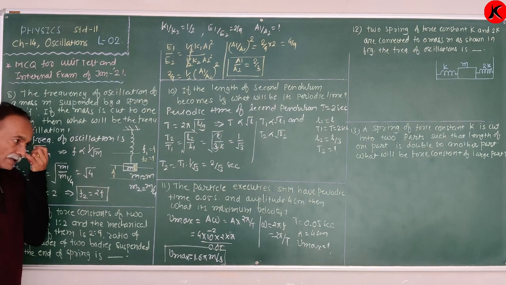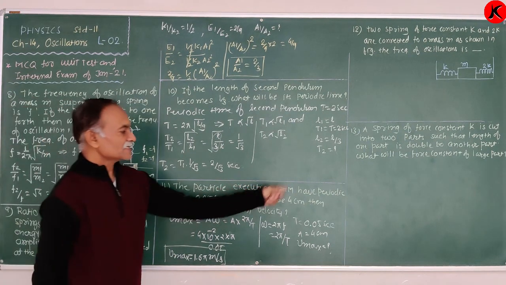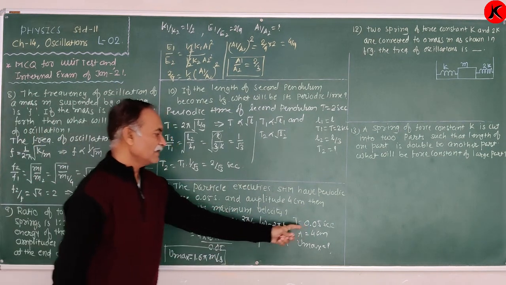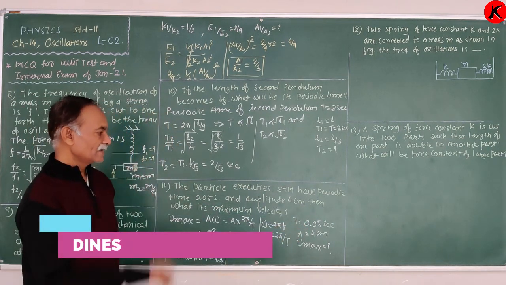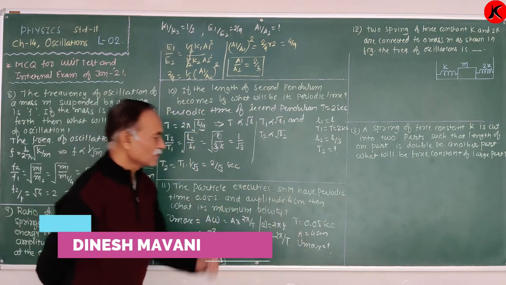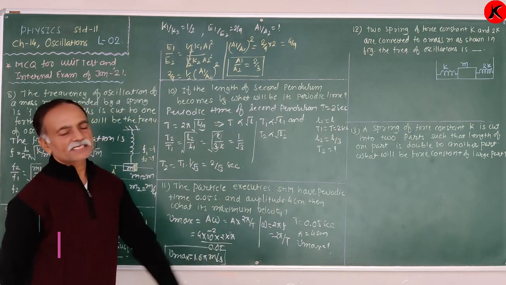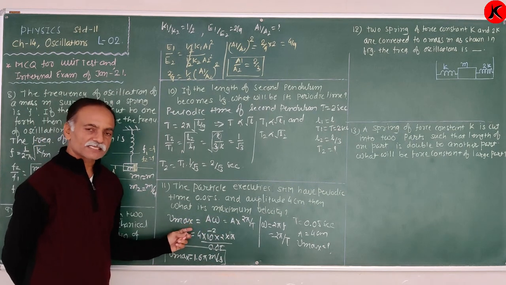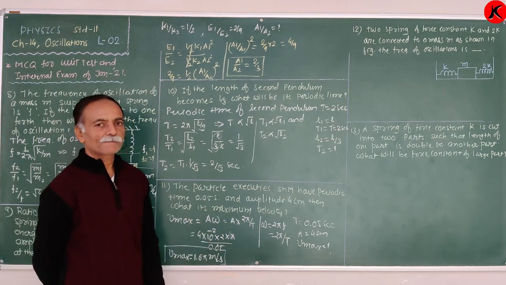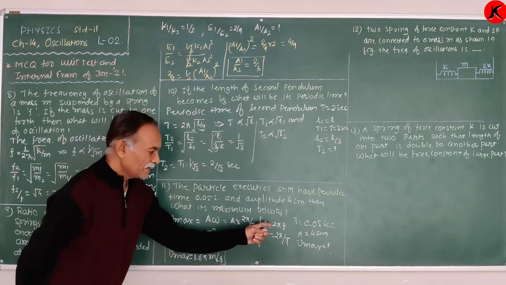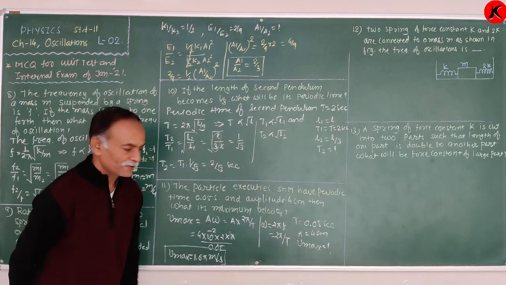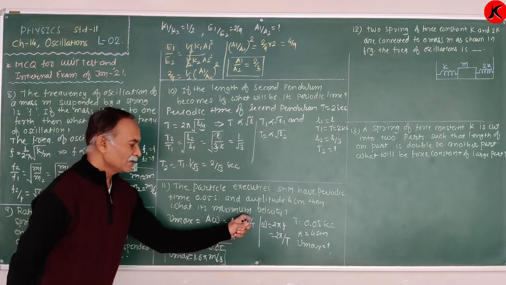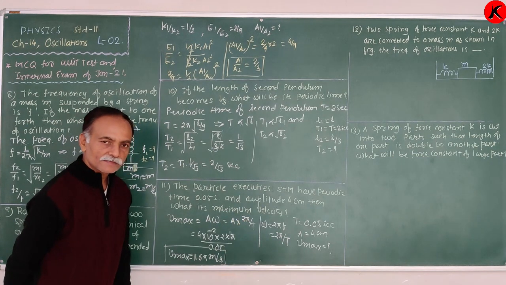Again, the particle performing simple harmonic motion has periodic time T given as 0.05 second and amplitude given as 4 centimeter. Then what is the maximum velocity? We know the equation of maximum velocity is A omega, but omega is not given. We know that omega is equal to 2 pi f or 2 pi upon T. Therefore, A into 2 pi upon T. Substitute the values.